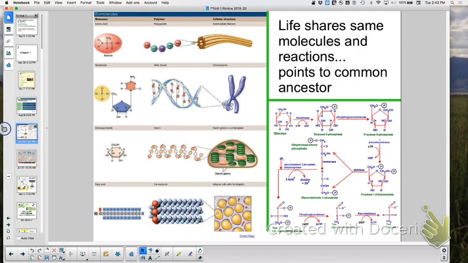Dehydration synthesis. One happy sugar, another happy sugar. They're living fine together. If I want to join them together, I have to take something away from each one of them. From one, I will take away hydrogen. From another, I'll take away oxygen and hydrogen, forming a water molecule as a product, right?